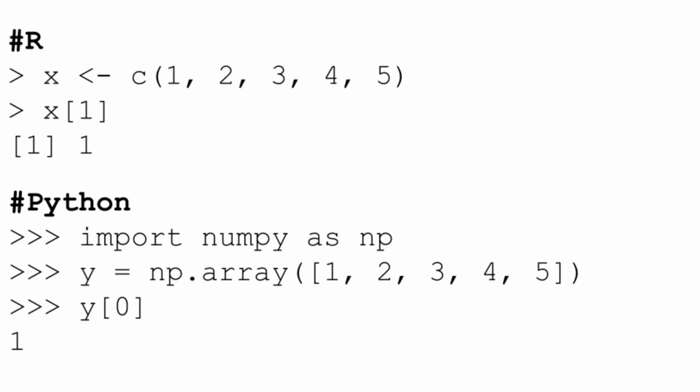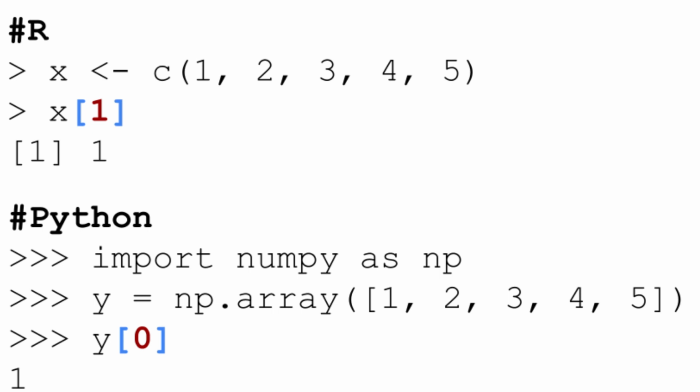You can index a vector in R and a numpy array in Python using square brackets that follow the name of the variable you want to index. And then in the square brackets, you specify the indices of the elements you want to extract.